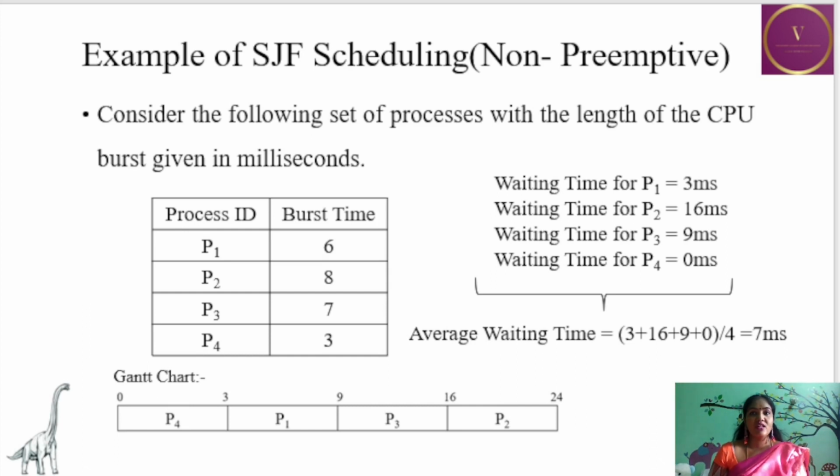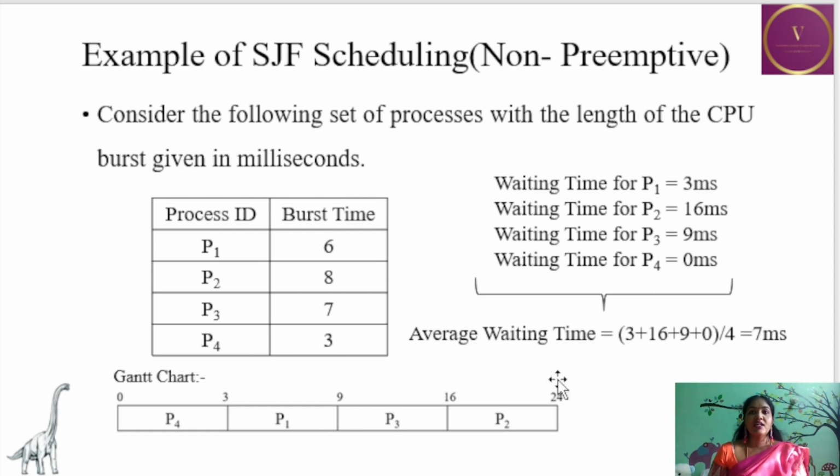Next, which is the smallest next process? The smallest next process is process P1. So P1 will be getting the CPU next, and it will be using the CPU for 6 milliseconds. So total CPU utilization as of now would be 9 milliseconds. This is what is given in this Gantt chart.